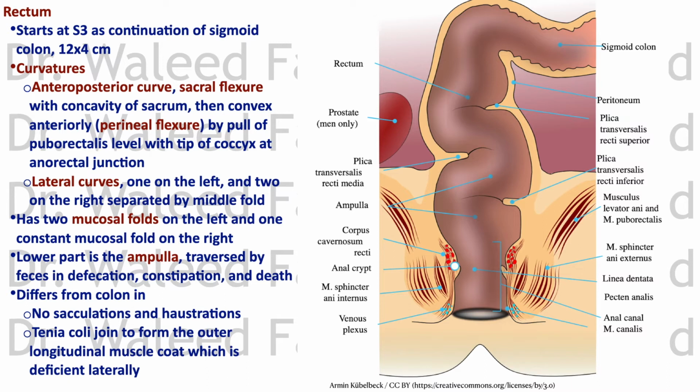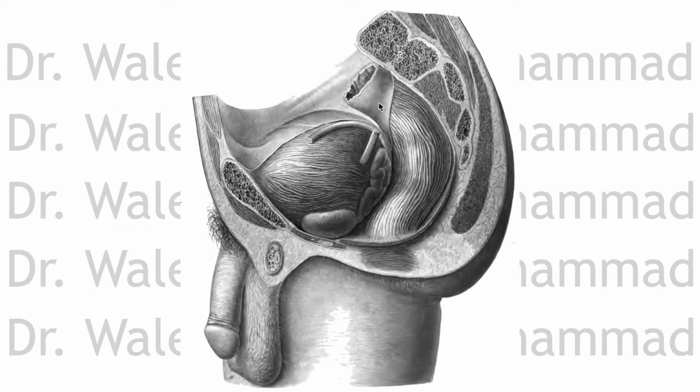So when we study the curvatures of the rectum, we have anteroposterior curvatures and we have lateral curvatures. The anteroposterior curvature is the one we see from the front. First it takes the convexity of the sacrum, as you can see here.